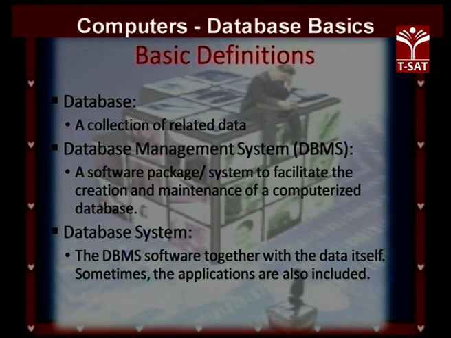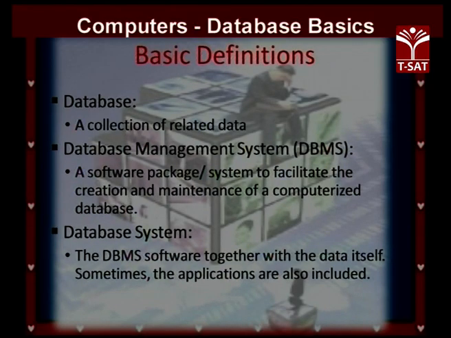When I say related data, what does it mean? For example, I want to develop a database for a school. When I say I want to develop a database for a school, then all the information should be related to that school. All the data should be related to that school. So that is called a school database. So I can name it as school database.